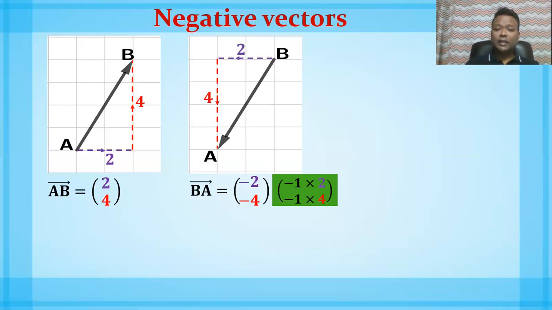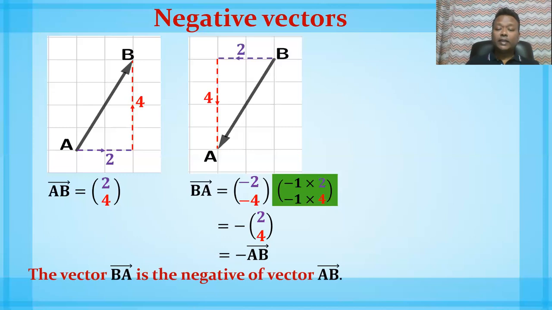Here, the scalar quantity is -1. So we can write the vector BA as negative of the vector with components 2 and 4. So it is equal to negative of the vector AB. Thus, the vector BA is the negative of vector AB.